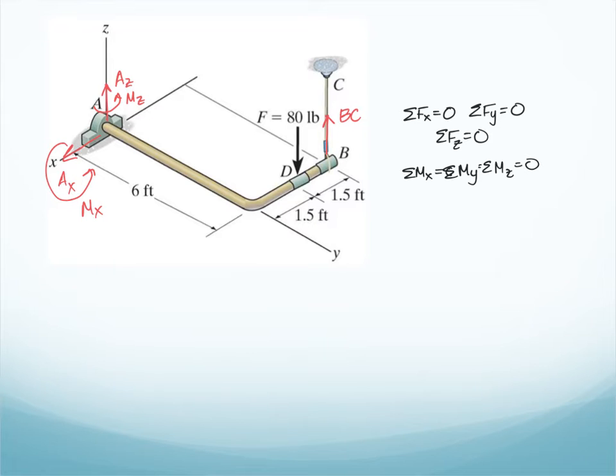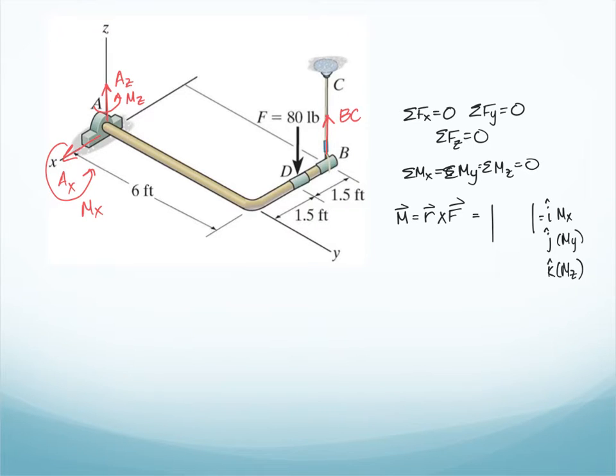The idea would be that our total moments would be the radius vector, where we choose a point of rotation, crossed with the force, and this is going to present us with a matrix, which then is going to have an x component, that would be the Mx, a y component, which would be the My, and the z component, which would be the Mz.